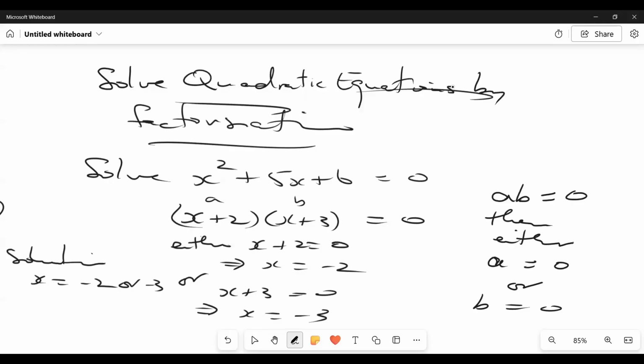If that is equal to 0, I take the 3 over here, you get x equals minus 3. So either x equals minus 2 or x equals minus 3. And that's how you use factorization to solve a quadratic equation. Is that difficult to grasp?